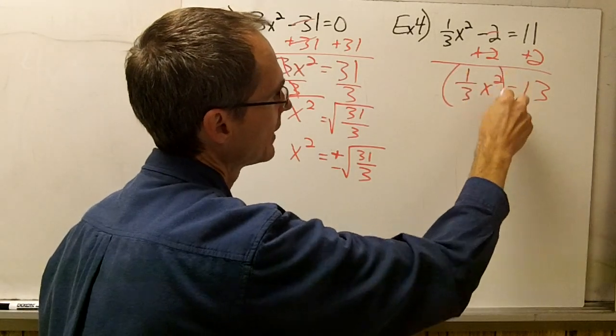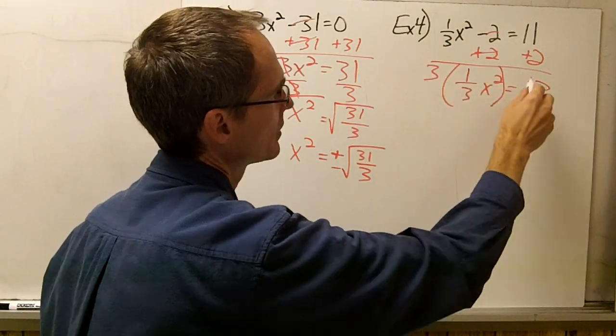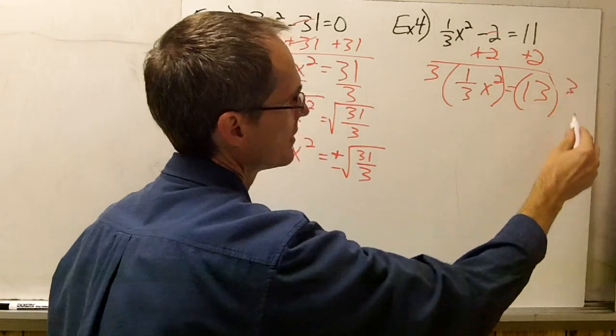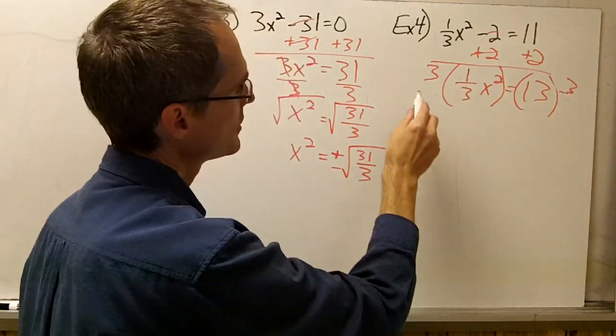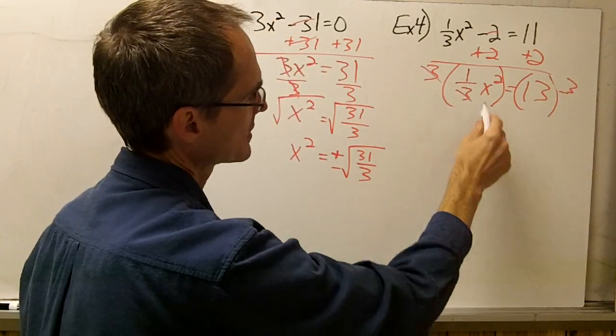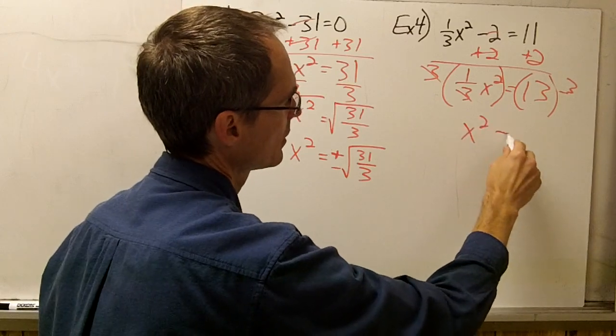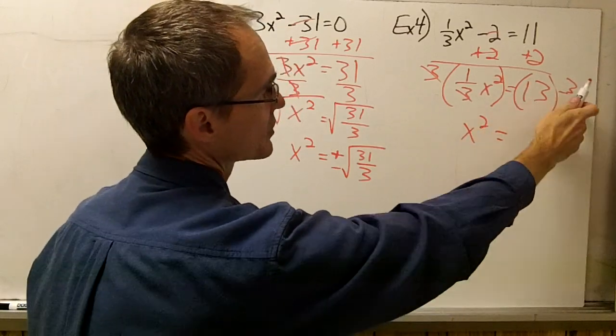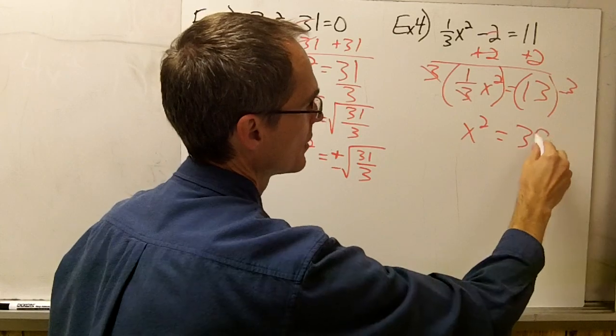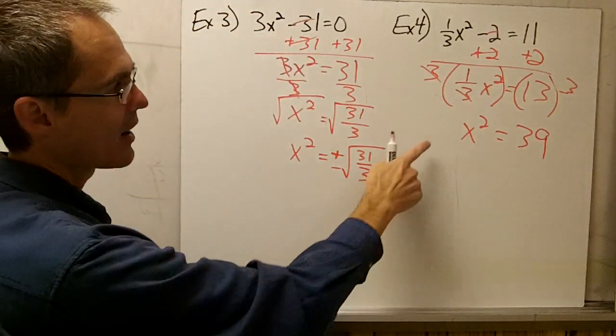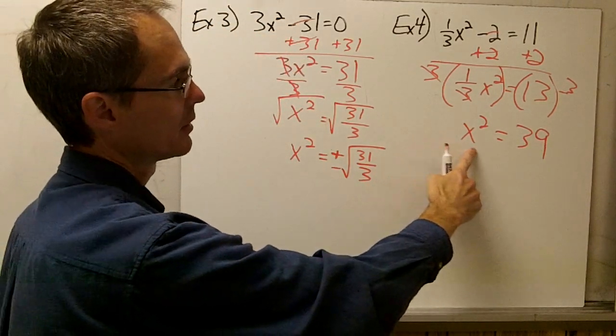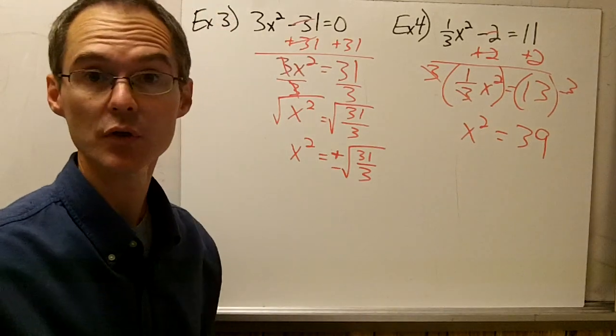So let me multiply this side of the equation by 3 and multiply this side of the equation by 3. So 3 times 1/3, here my 3's will cancel out, and I'm left with x squared on this side. 13 times 3 equals 39, and now I have a very simple quadratic equation that I can solve using square roots.